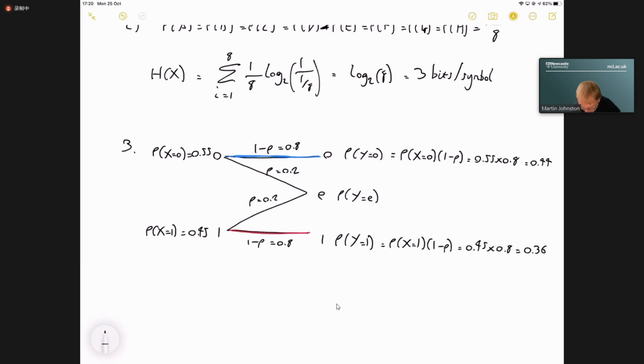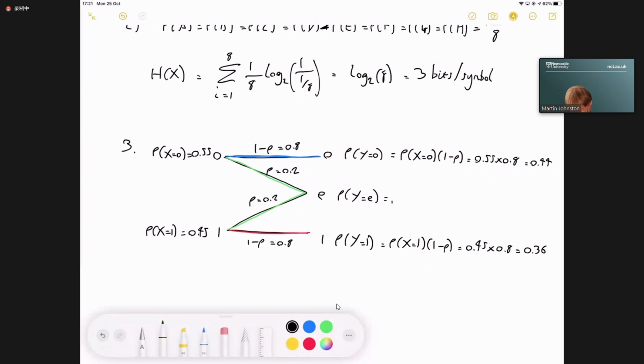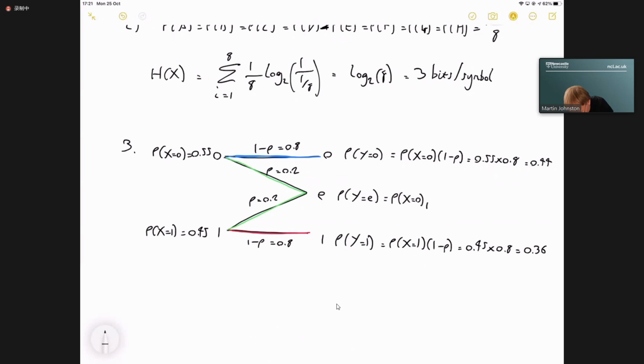And then finally, we've got the probability of an erasure. There are two possible ways of erasure. We can start with a 0 and it's erased, or we start with a 1 and it's erased. So the probability x equals 0 and it's erased, or the probability we start with a 1 and it's erased.